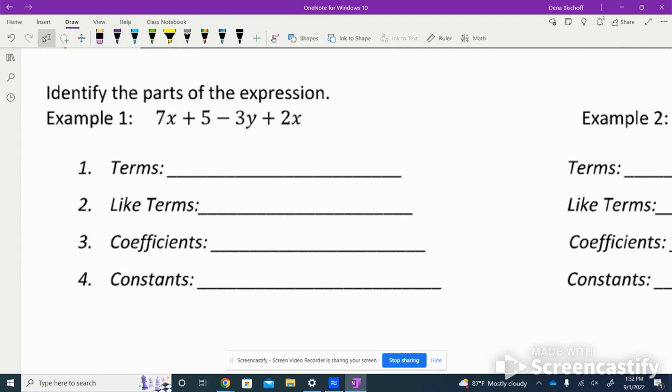Is mismo same? So which ones have the same letter? 7x and 2x. They have the same letter. Same letter. Does that make sense?